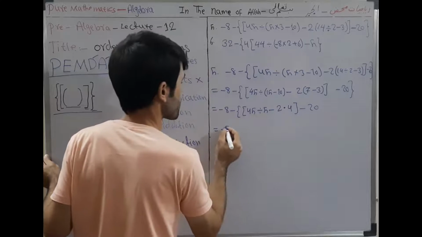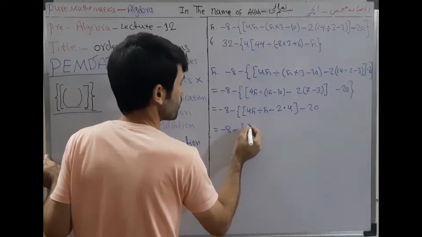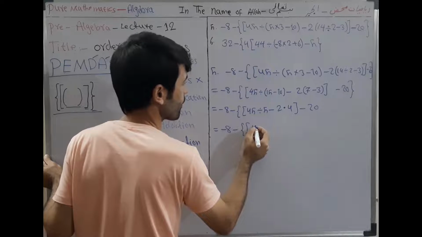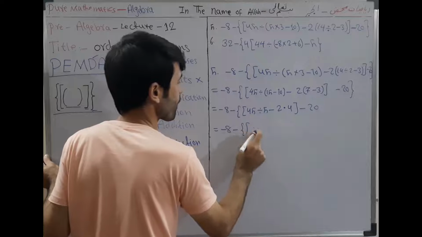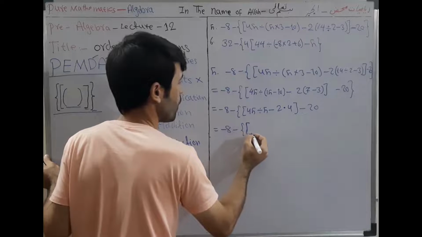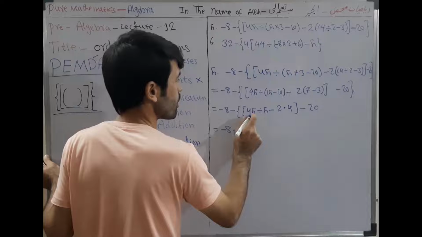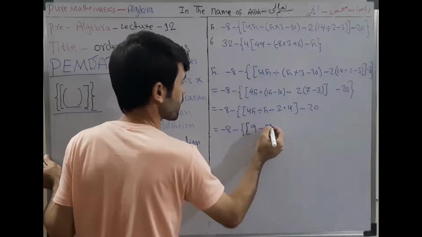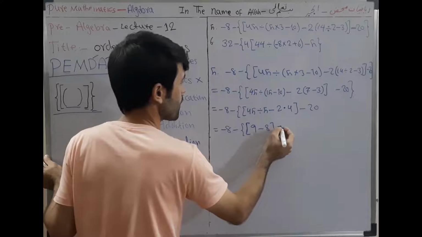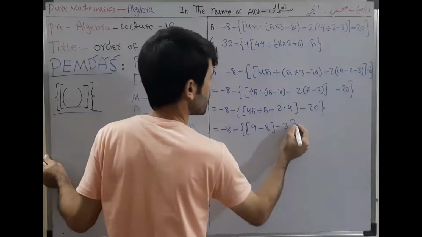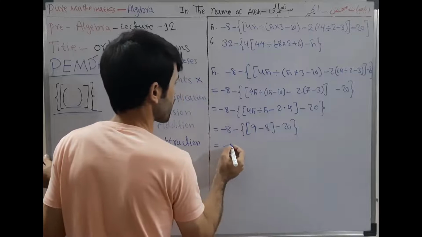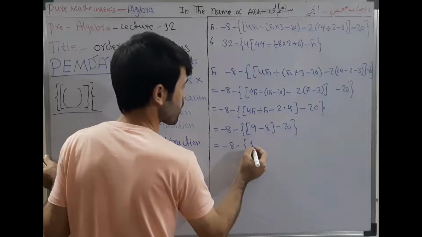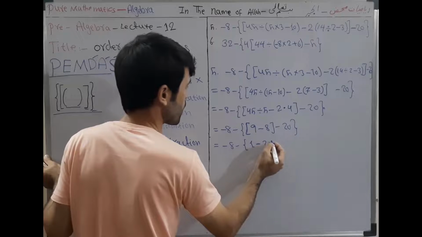It is equal to minus 8 minus parenthesis, 45 divided by 5 is 15, 9 minus 2 multiplied by 4 is 8, minus 20.